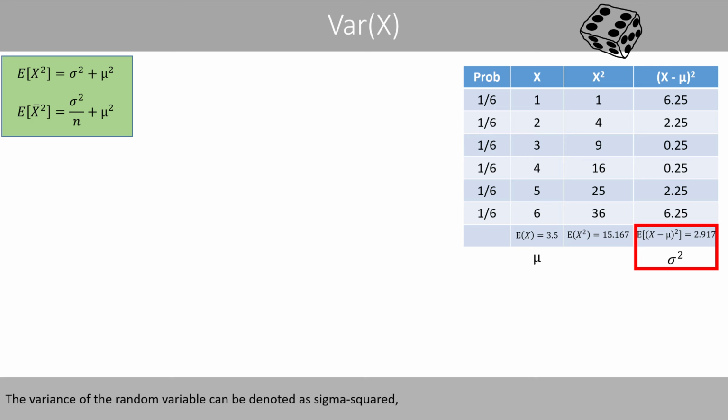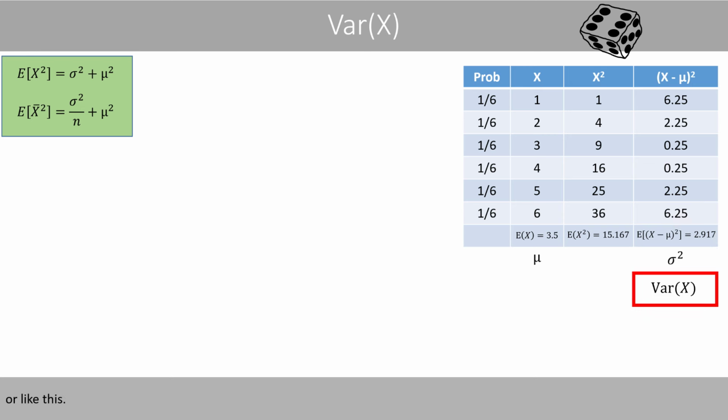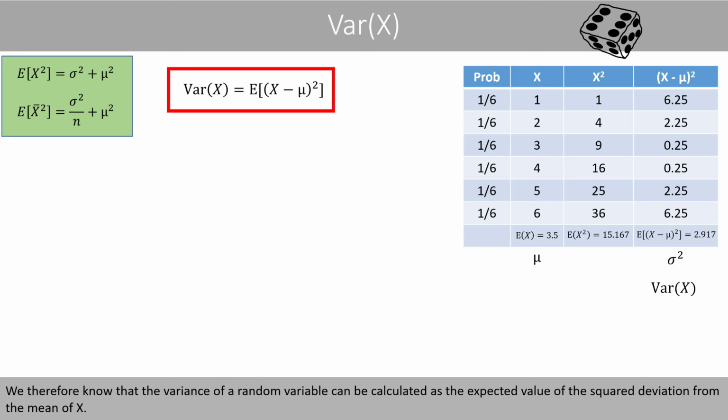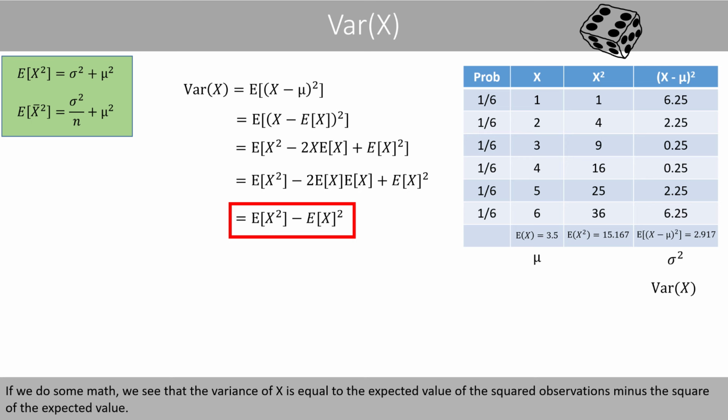The variance of the random variable can be denoted as sigma squared, or like this. We therefore know that the variance of a random variable can be calculated as the expected value of the squared deviation from the mean of x.